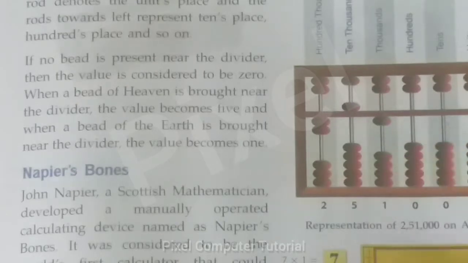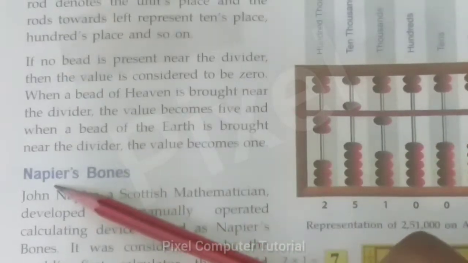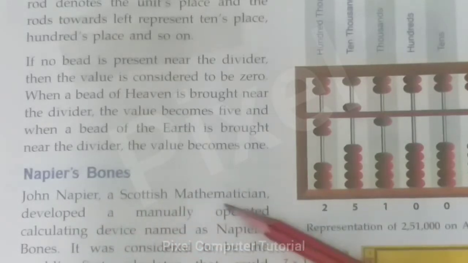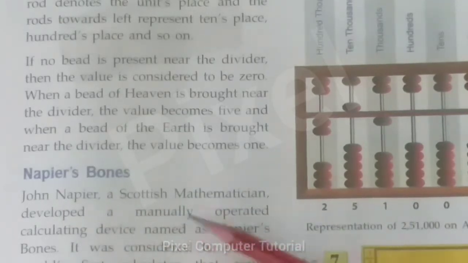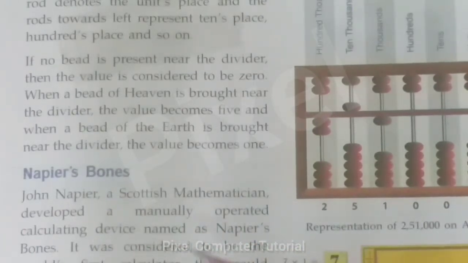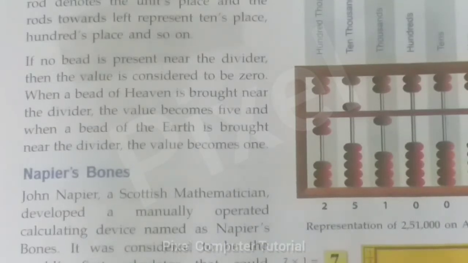Now the next one is Napier bones. John Napier, the Scottish mathematician, developed a manually operated calculating device named the Napier bones. It was considered to be the world's first calculator that could multiply, divide, and find the square root of numbers.